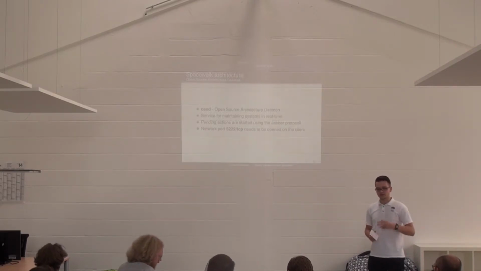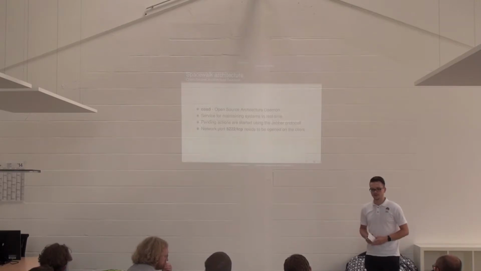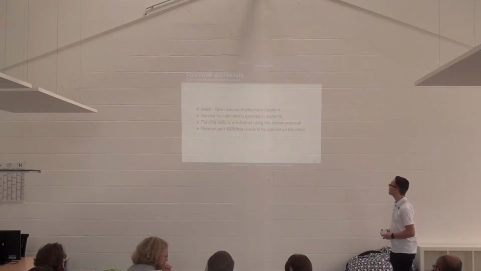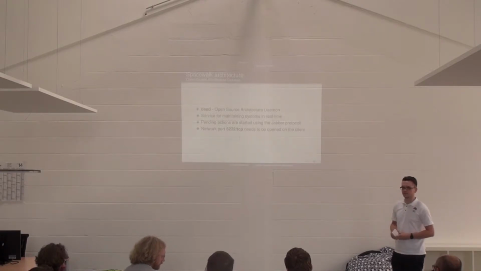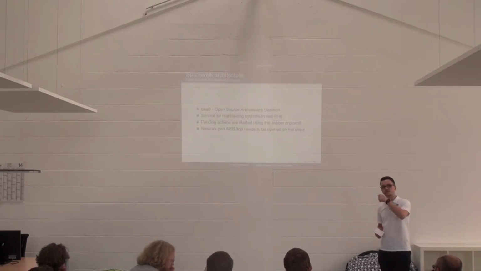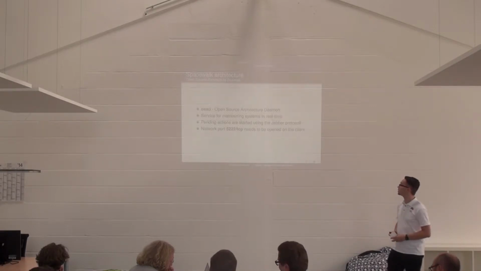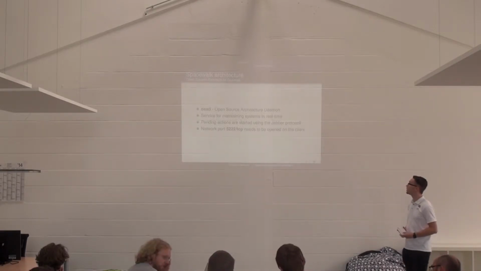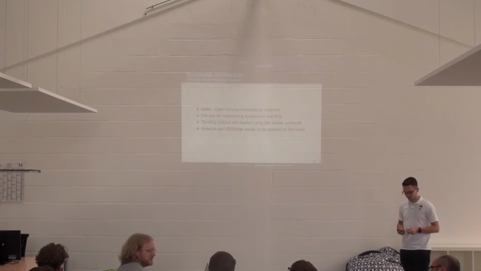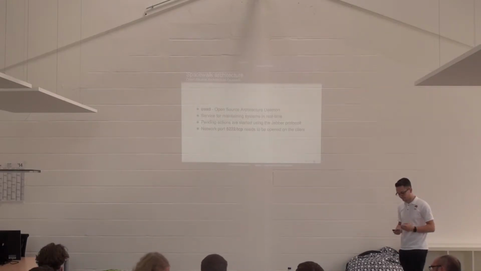Then this action is started on the client using the Jabber protocol. So there's a client running on the managed system, and that client is informed that there is an action it should execute, and then it will execute the command. And to make sure that this works, you need to open the network port TCP 5222 on the client, otherwise that real-time maintenance won't work.